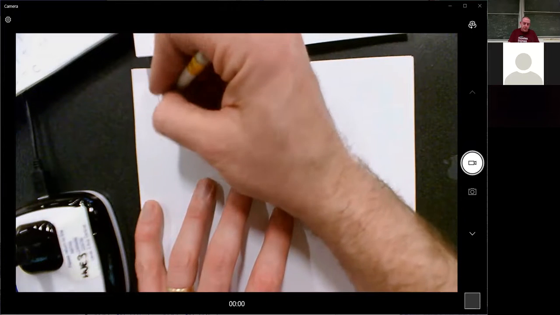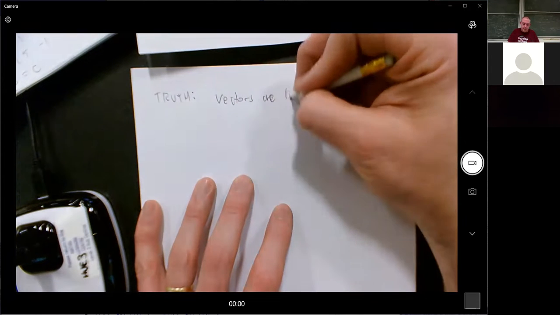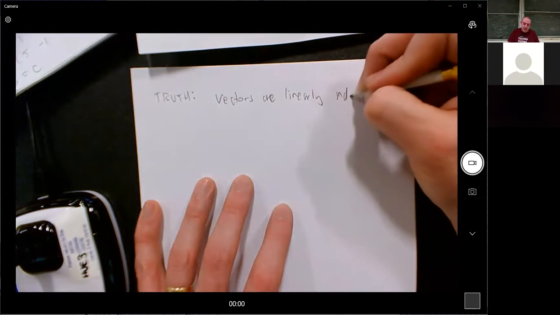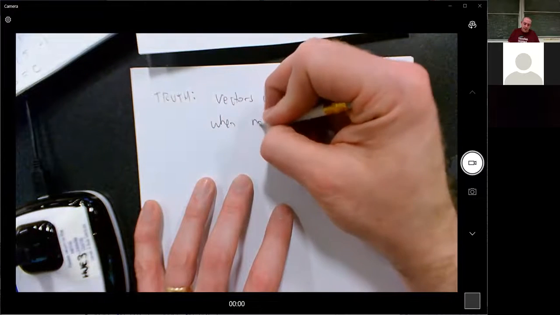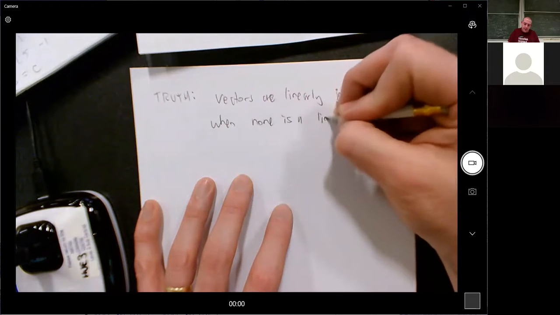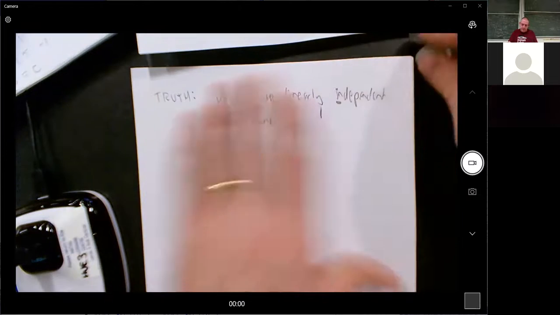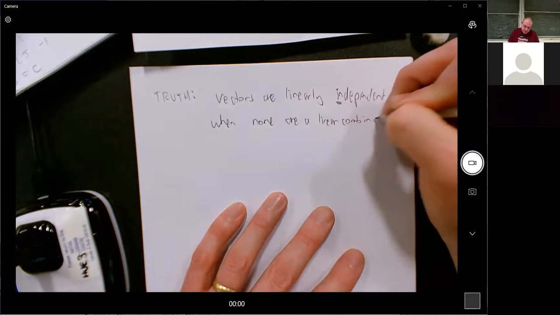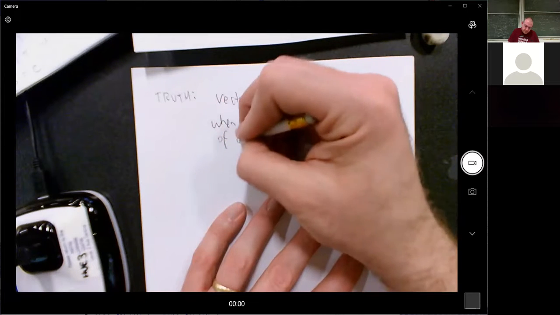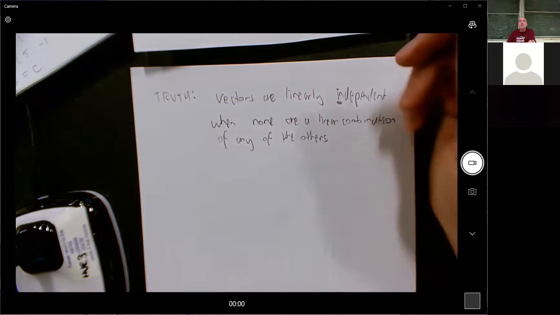All right. So, also true. Independent when none of them is a linear combination of any of the others.